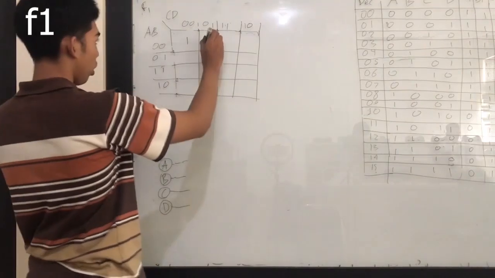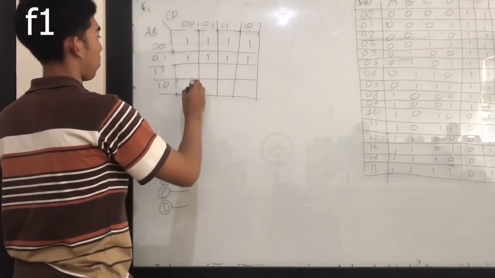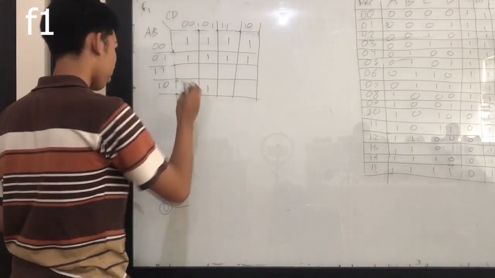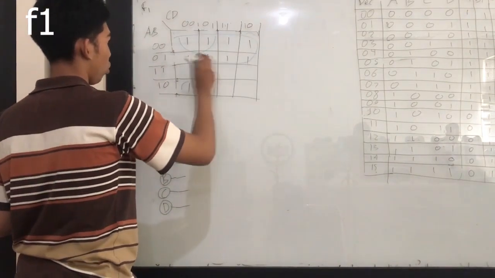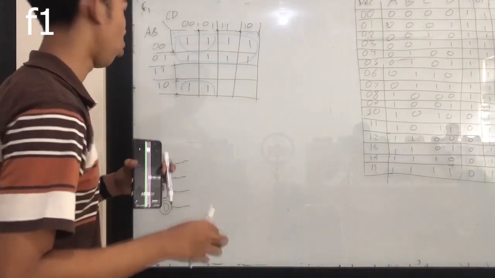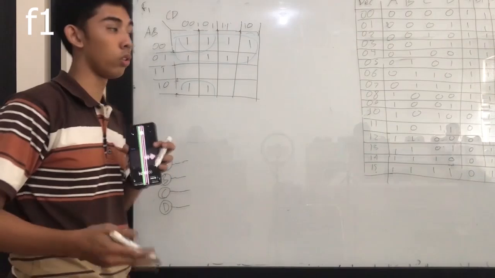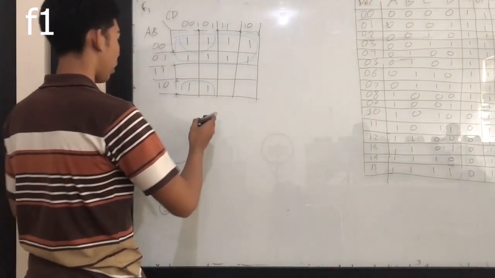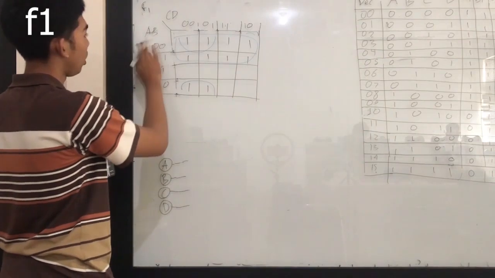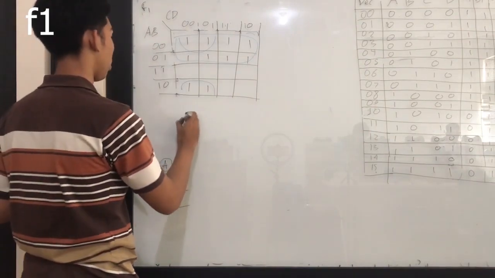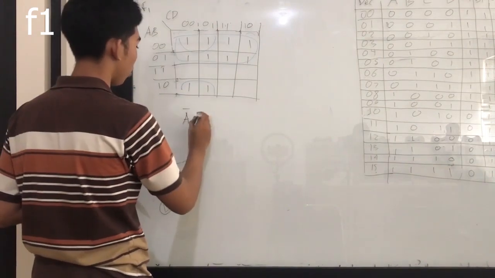So the kernel map should be same like this. Okay, let's now write the simplified expression. Okay, from this one, A is still 0, B is changing, so A not, and CD is always changing, so we do not need to write that.